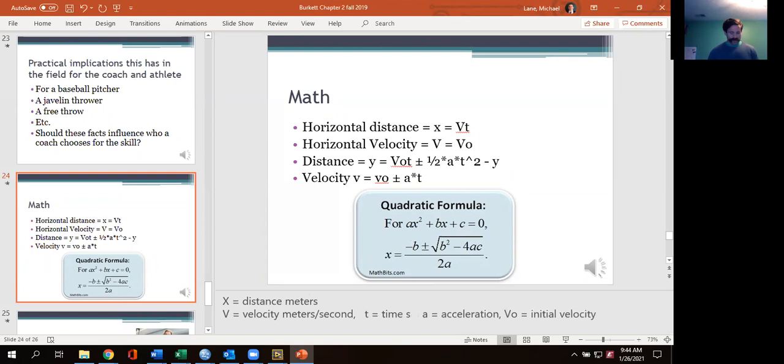Time is going to be in seconds. The joys of having fat fingers. Acceleration equals meters per second squared.